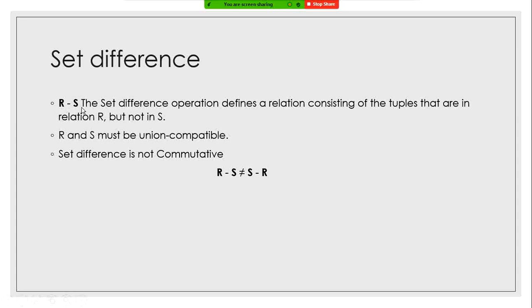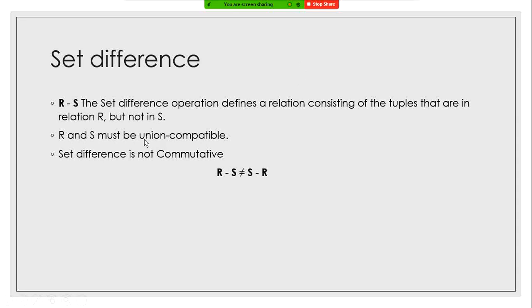Next we have a set difference. So R minus S is defined as the set difference operation consisting of the tuples that are in relation R but not in S. So when we apply set difference on two tables R and S, it gives us a table that includes all the values that are present in the first table but not in the second table.